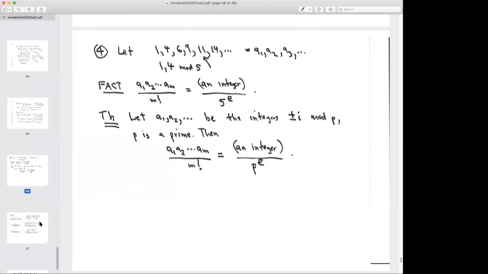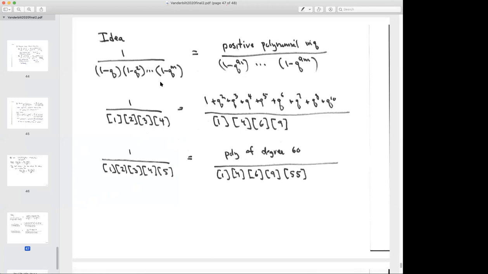Well, this was a little surprising to me when I thought about it, because after all, what we're trying to do in a bijection is to change factors like this on the sum side into factors like this on the product side. So for example, if I do this for 4, I change 1, 2, 3, 4, these 4 factors, into 1, 4, 6, 9 at the expense of this numerator polynomial.